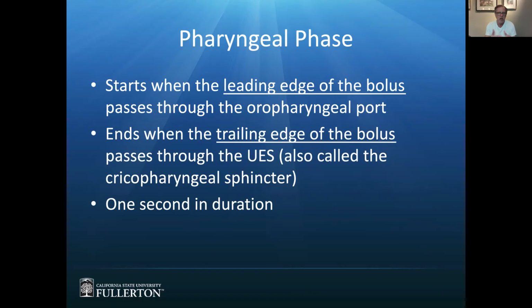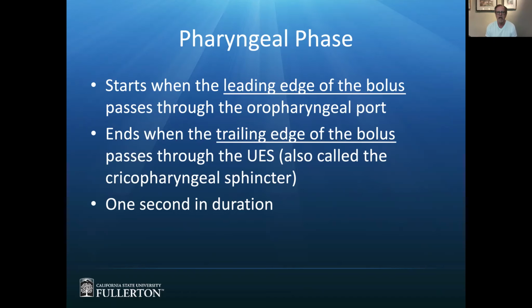So obviously there's overlap between oral transfer and the pharyngeal phase, because at some point, after a fraction of a second, you've got half the bolus in the pharynx, in which case the pharyngeal phase has started, and you still have half in the oral cavity, in which case the oral transfer is still taking place. So there's overlap.